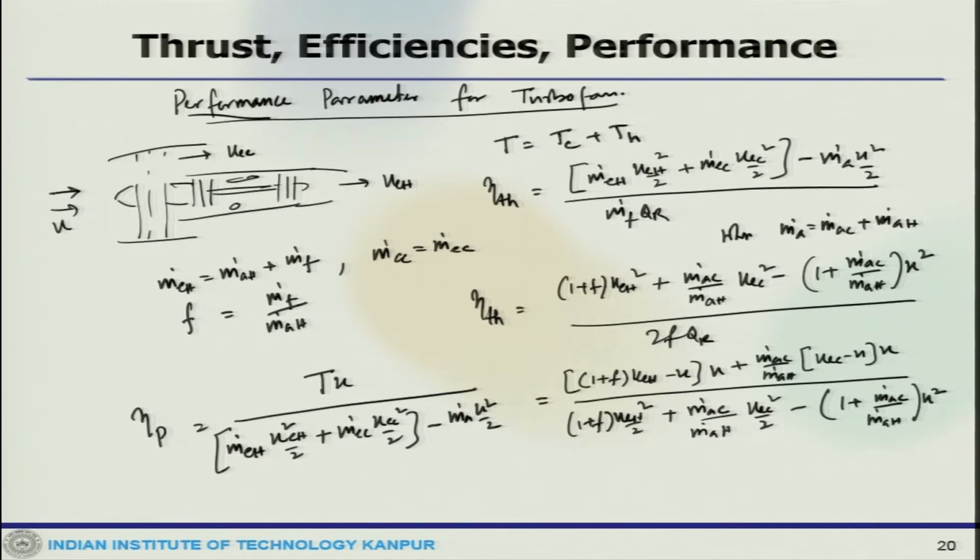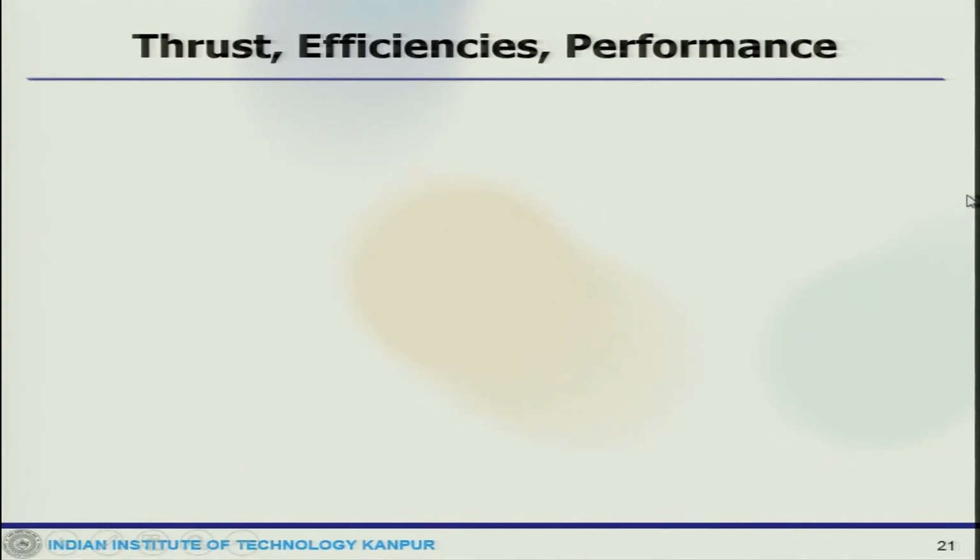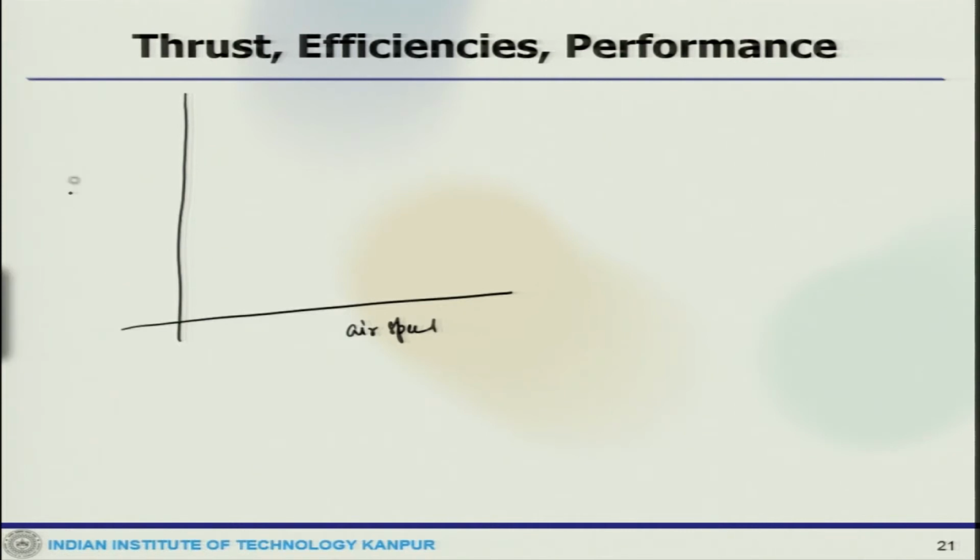Now, we can look at the curve, let us say, if we draw it with the airspeed and this side propulsive efficiency, then we have a curve like so. Curve goes like that.